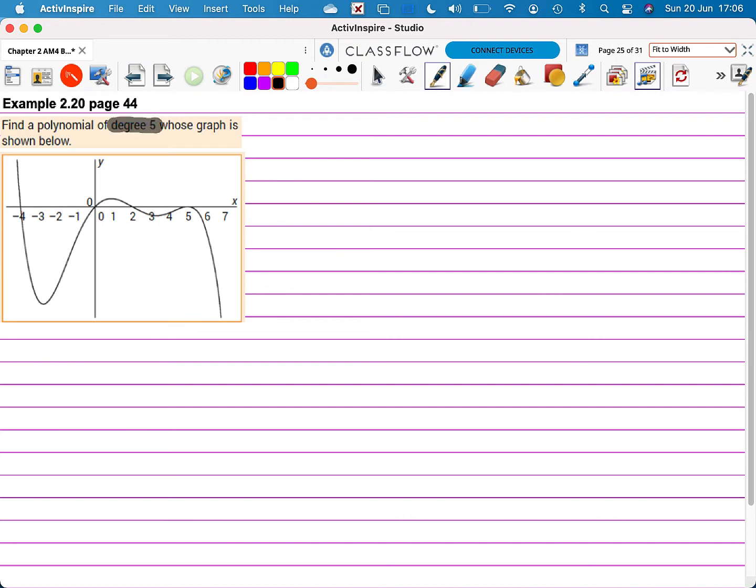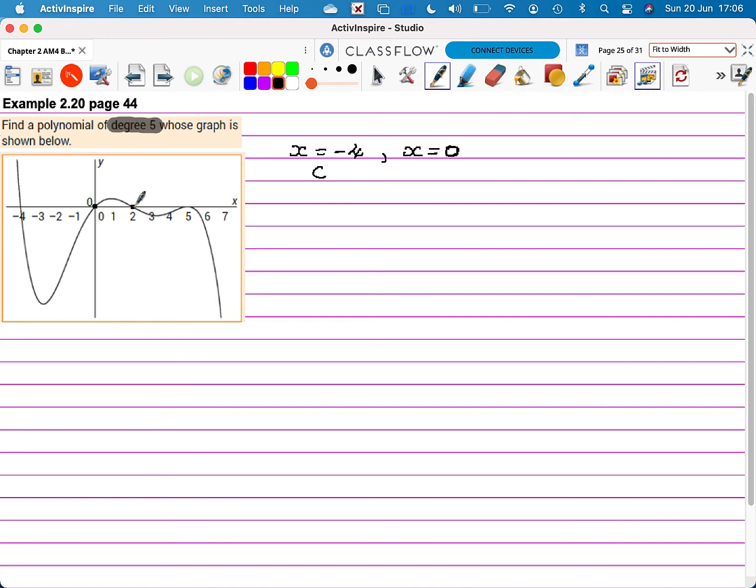And because the degree is equal to 5, we know the max number of roots is going to be equal to 5. We know that at x is equal to -4, this is a cut situation. The next root is at x equals 0. So we've got an x equals 0 there.